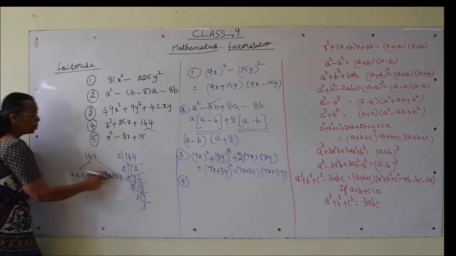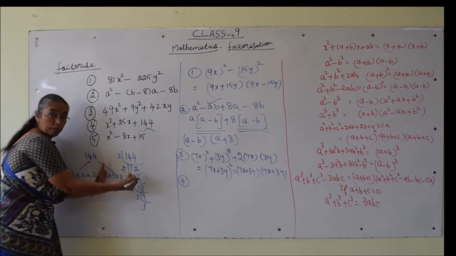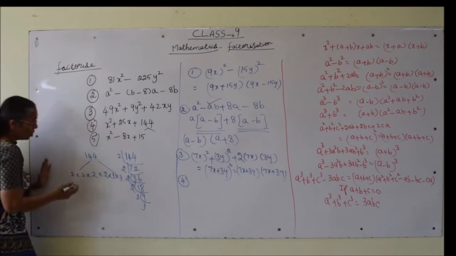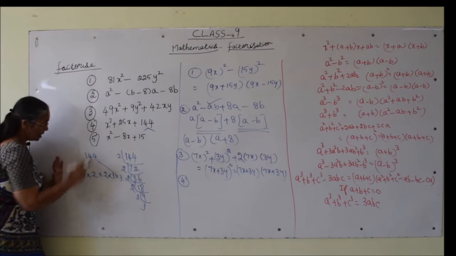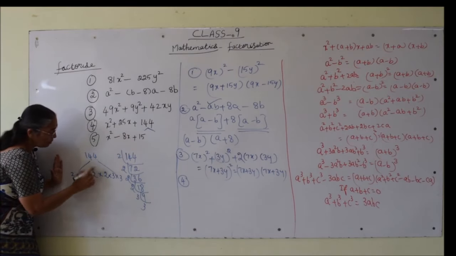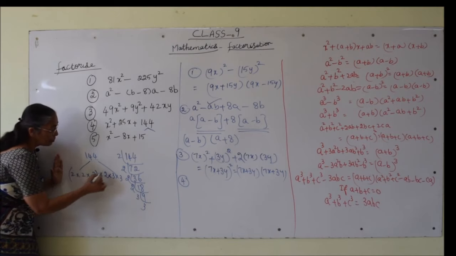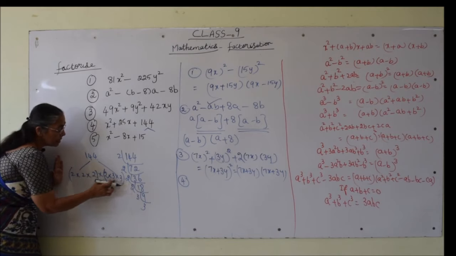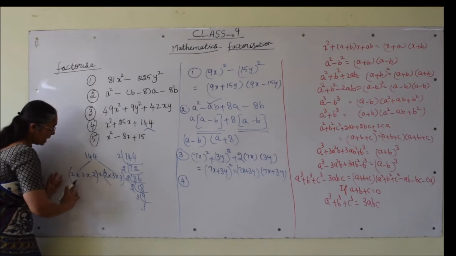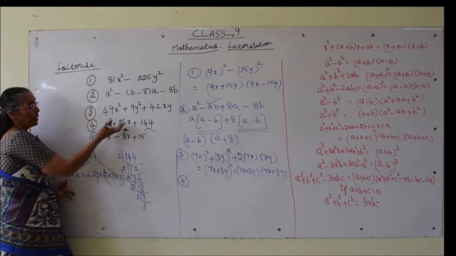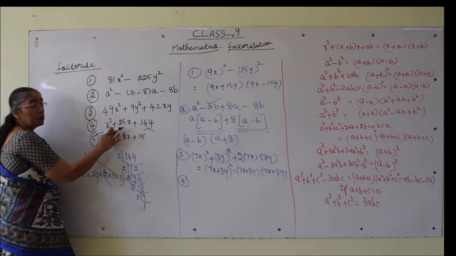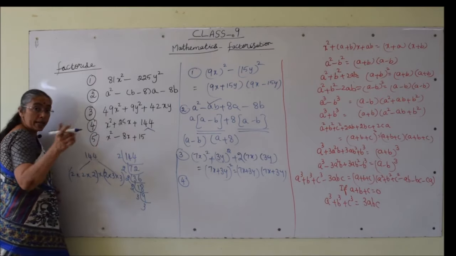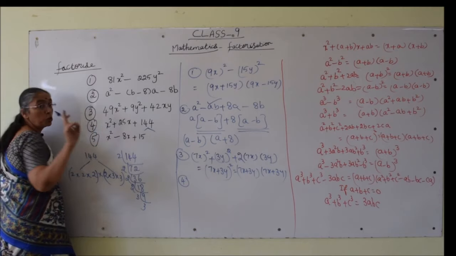Now try to group this into 2 terms. How can you group to get 25 here? Suppose I group like this: 2 twos are 4, 4 twos are 8. Now this is one group. 3 threes are 9, 9 twos are 18. So 18 and 8, here this is positive and this is positive, so when I add only I should get this 25 from 2 terms.